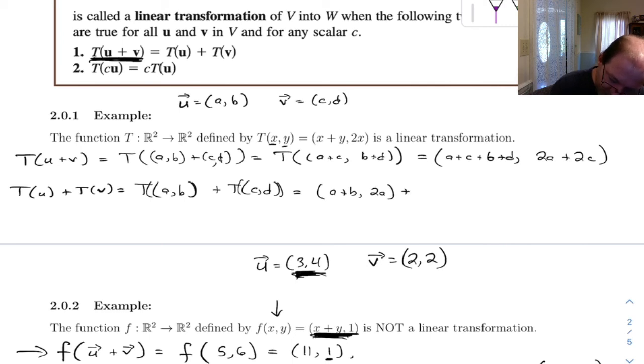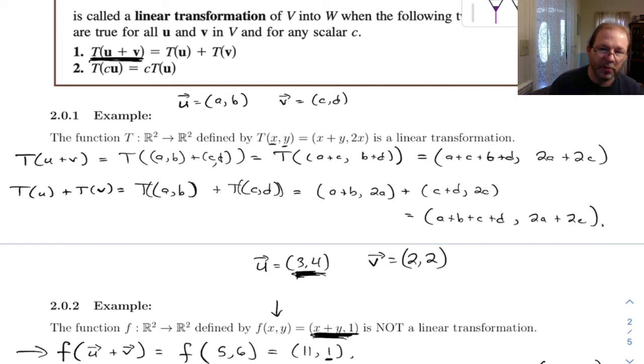And T of (c, d) is going to give us c plus d and 2c. And when you add that up, you get a plus b plus c plus d. Then you get 2a plus 2c. So you get the same thing.